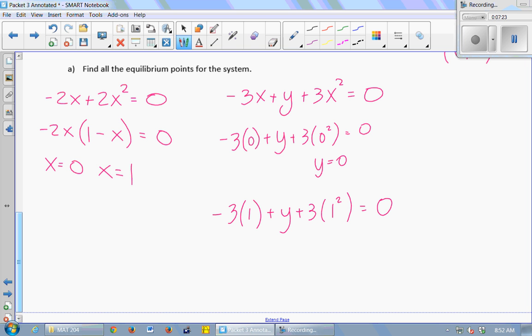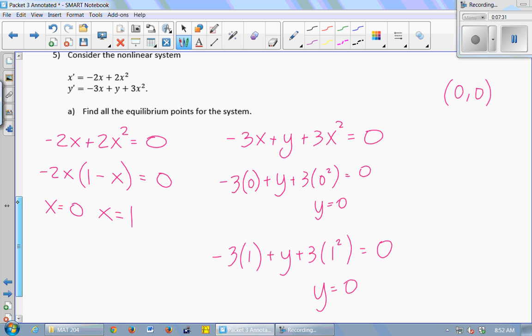And again, you get y is 0, because you get a negative 3 and a positive 3, those cancel. So we get y equals 0 again. So my two equilibrium points are 0, 0, and 1, 0.